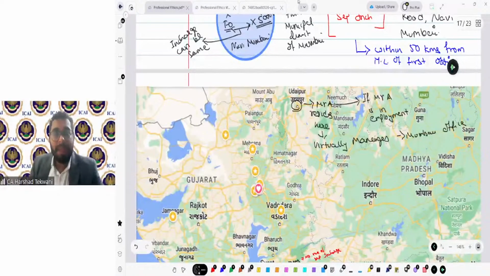If no other doubts, then let me show you a particular form which is used when the firm is required to intimate the details of its offices. Just give me a minute. Let me show you the form.